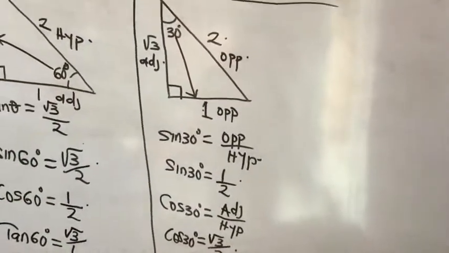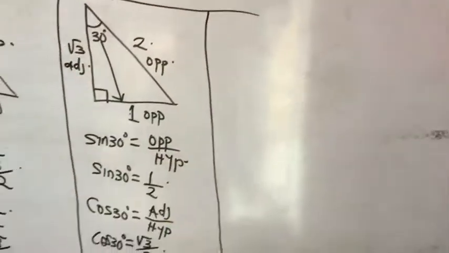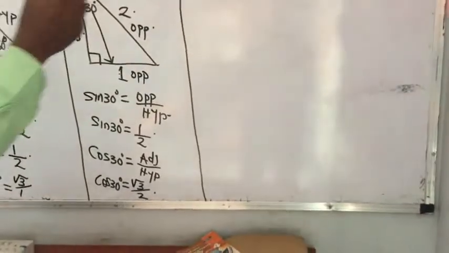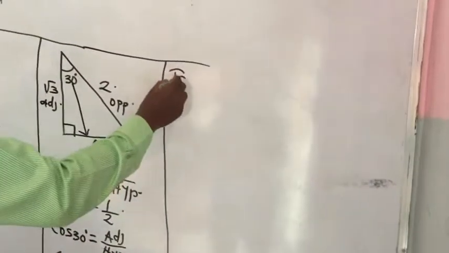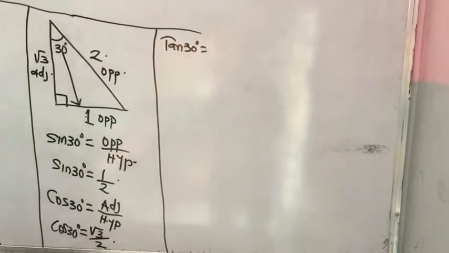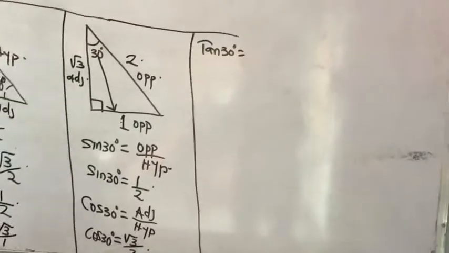The last one is tan 30. Looking at the trigonometric rule, tan 30 says opposite over adjacent.